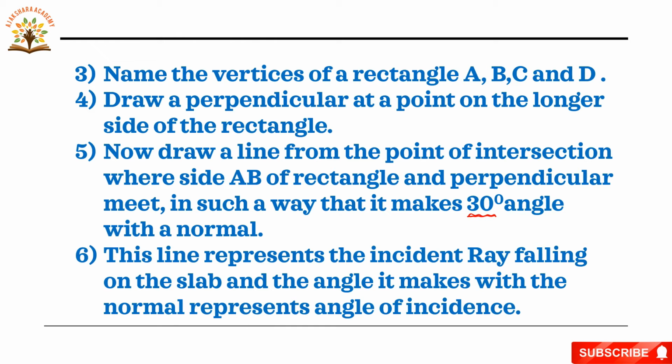This is the angle of incidence. The angle between the incident ray and the normal is known as the angle of incidence. For example, here we are taking the angle of incidence equal to 30 degrees.